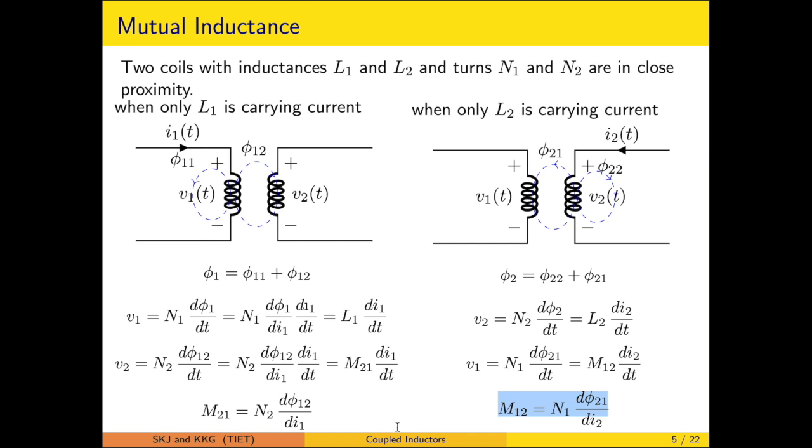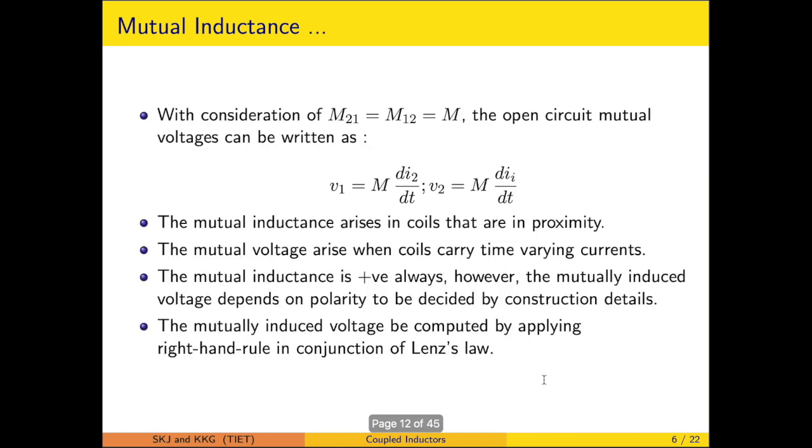At this stage we have used the different nomenclature M21 and M12, but we will be deliberating on it before the end of the discussion. For the time being, we are considering that the mutual inductance term is independent of the direction.